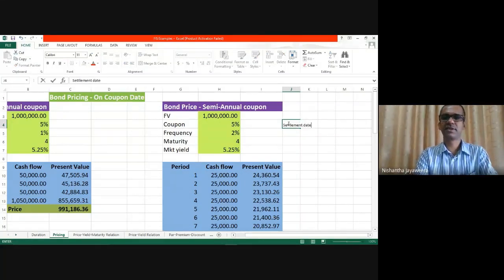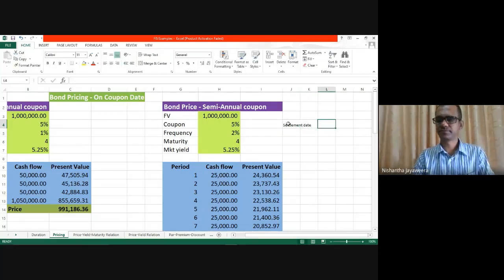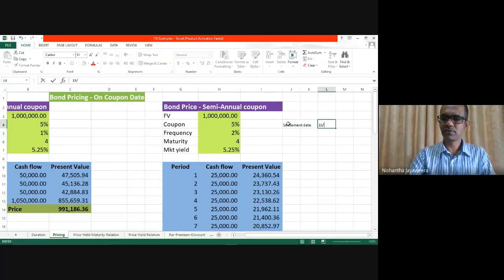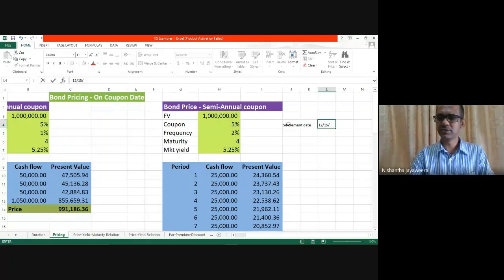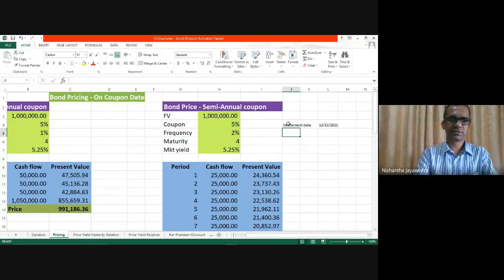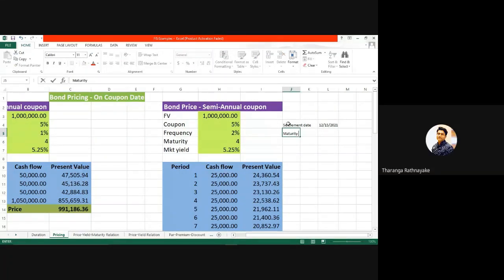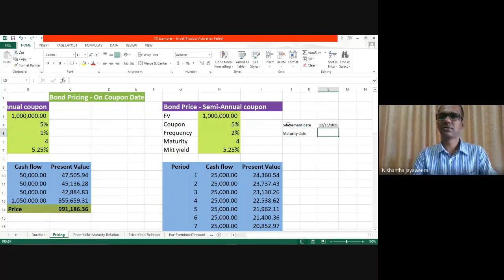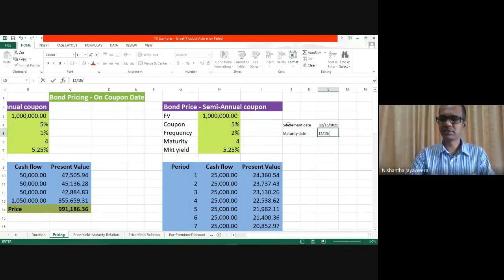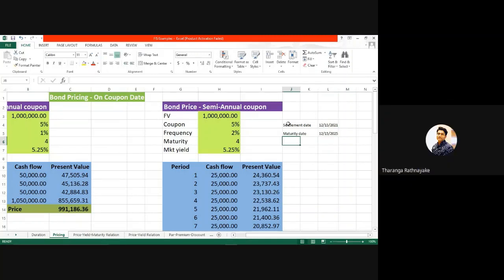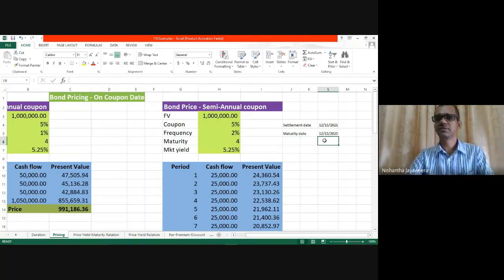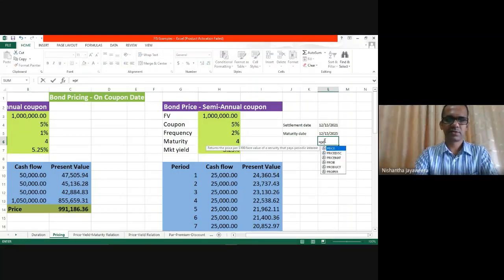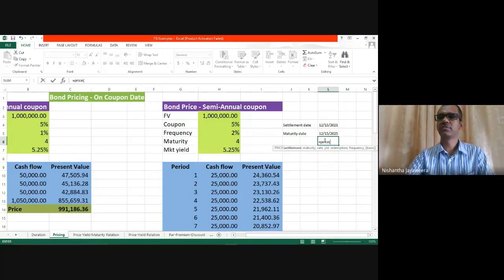Settlement date, 15th December. Remember, in Excel, month goes first, December 2021. Maturity date, December 15th, 2025. Coupon and everything remains the same. How to calculate the bond price?